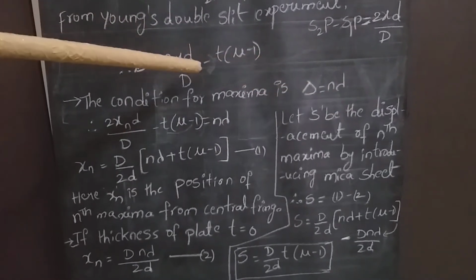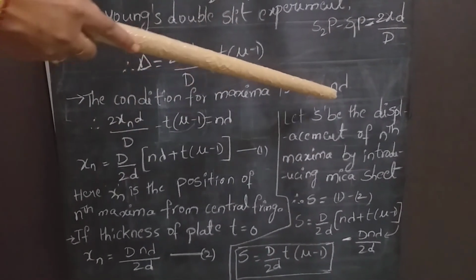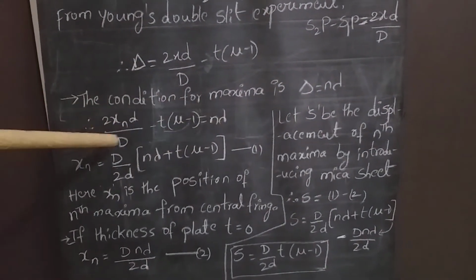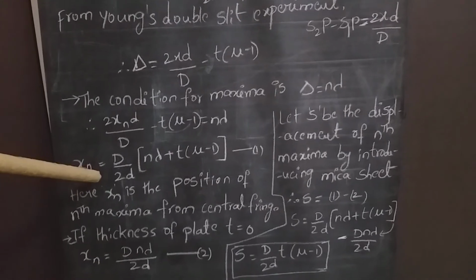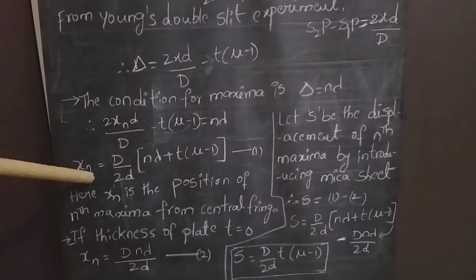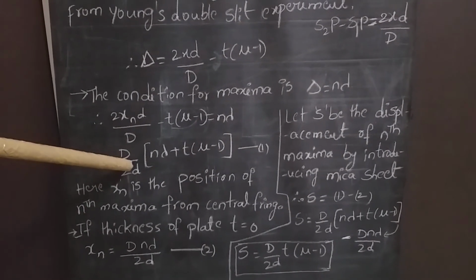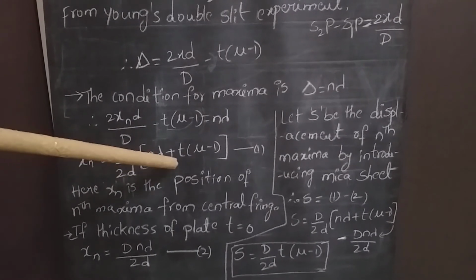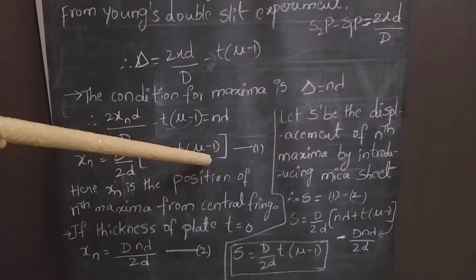Therefore, I want to equate this path difference with n lambda. Therefore, this is equal to this much. Now from that, I am going to find the value of xn. Xn is equal to capital D by 2d into n lambda plus t into mu minus 1.